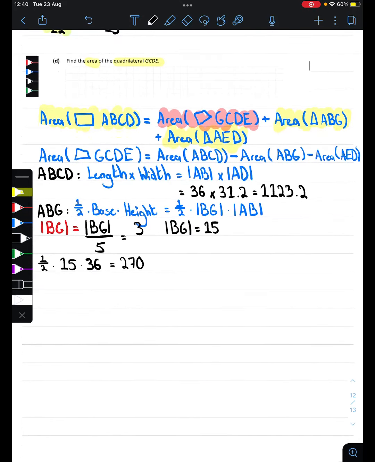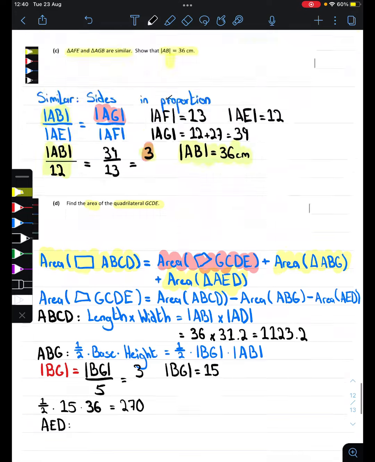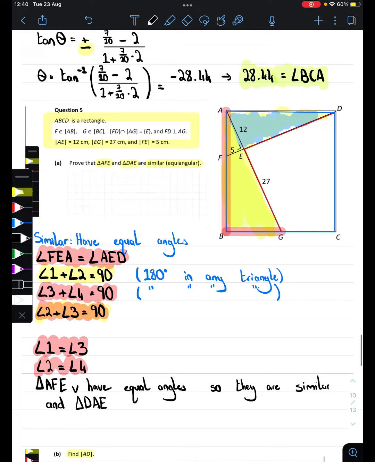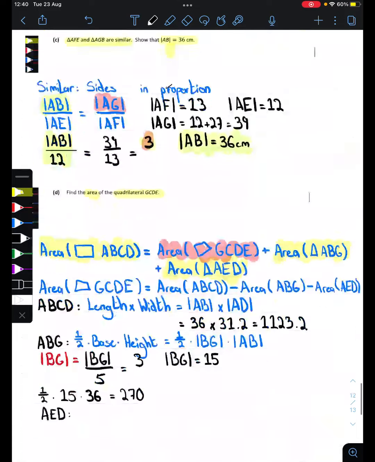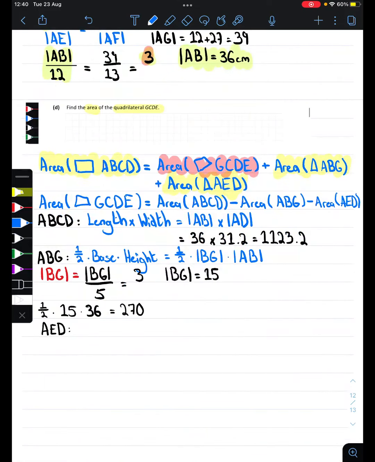And now onto the area of AED, the final thing we have to calculate. So that's the area of this triangle AED. So that's half the base, again our formula for a triangle, half the base by the height.